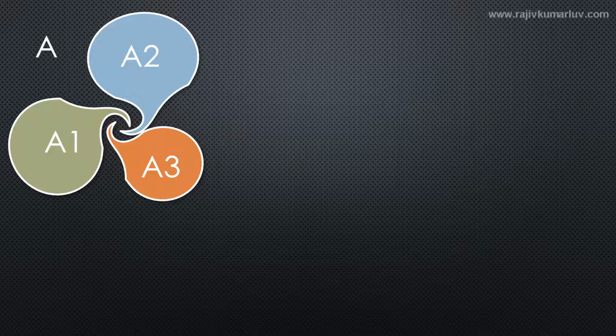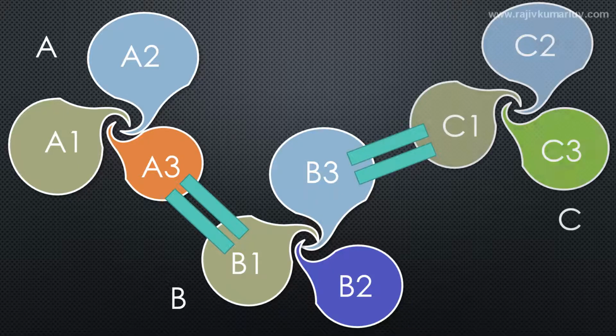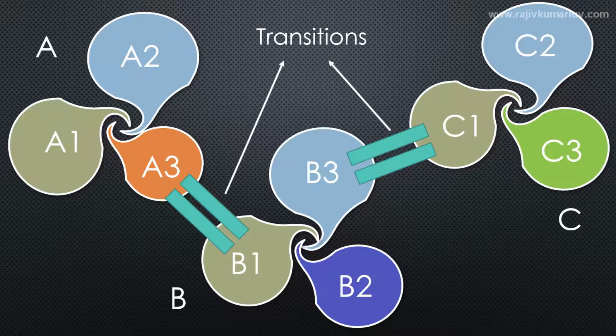When you finish one cluster, you cross a bridge to move to the next cluster B, which again has 3 smaller islands, B1, B2, B3. Finally, you cross over to the cluster C. Now the bridge you cross from one cluster of islands to another is known as a transition.